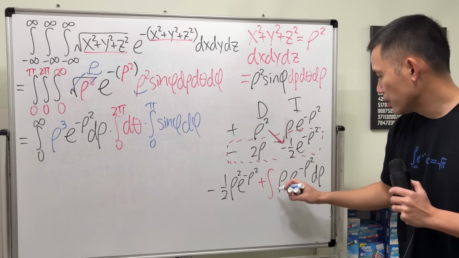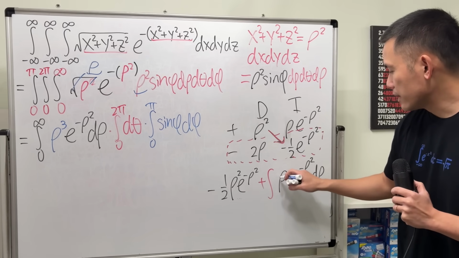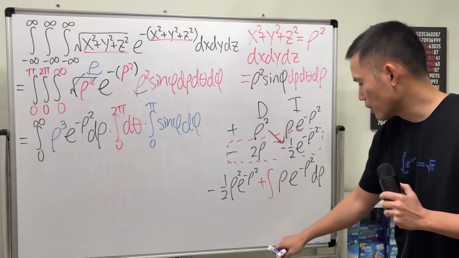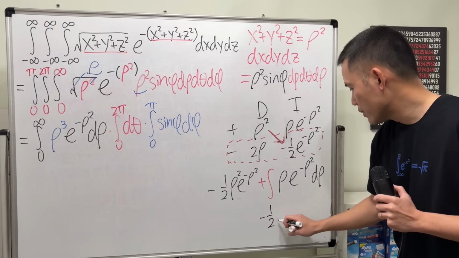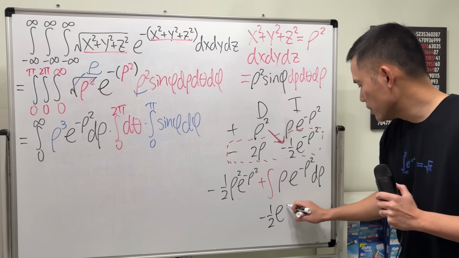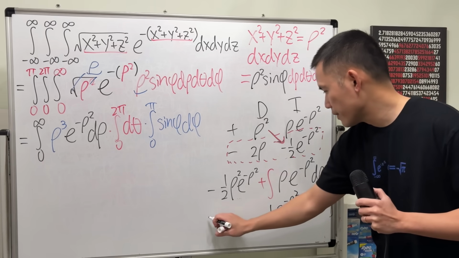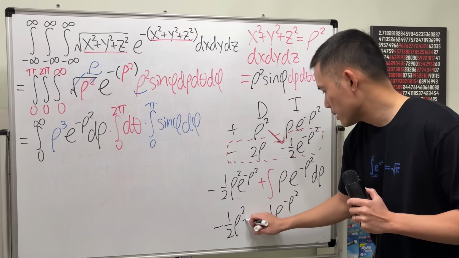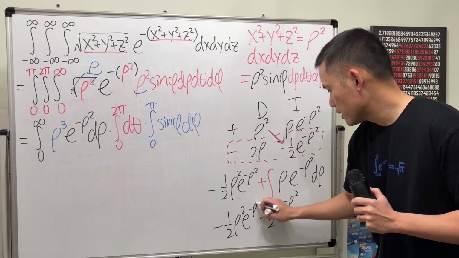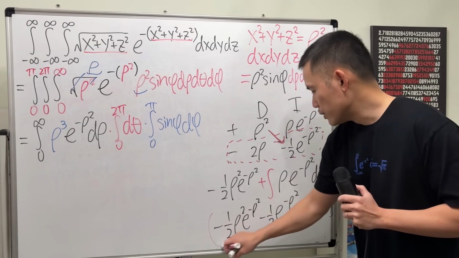So again, you need to multiply by negative 2 and divide it by negative 2. So all that, we get negative 1/2, and then it's just e to the negative rho square, along with this right here. Now, this right here is the result.